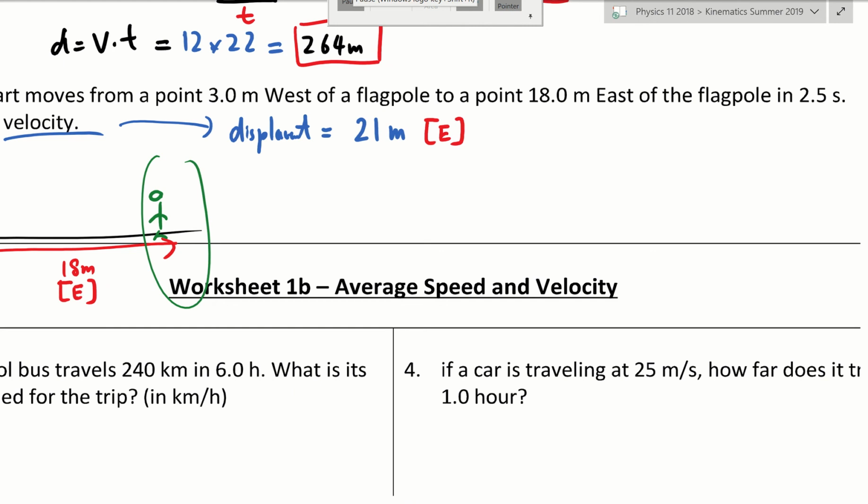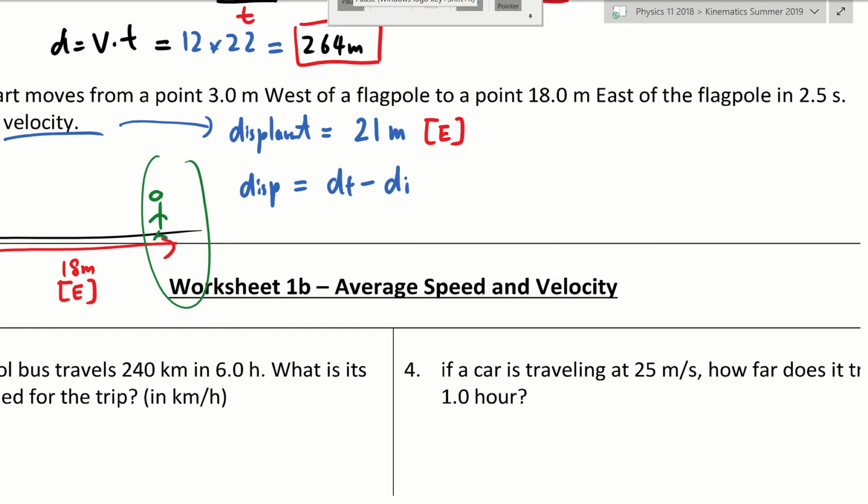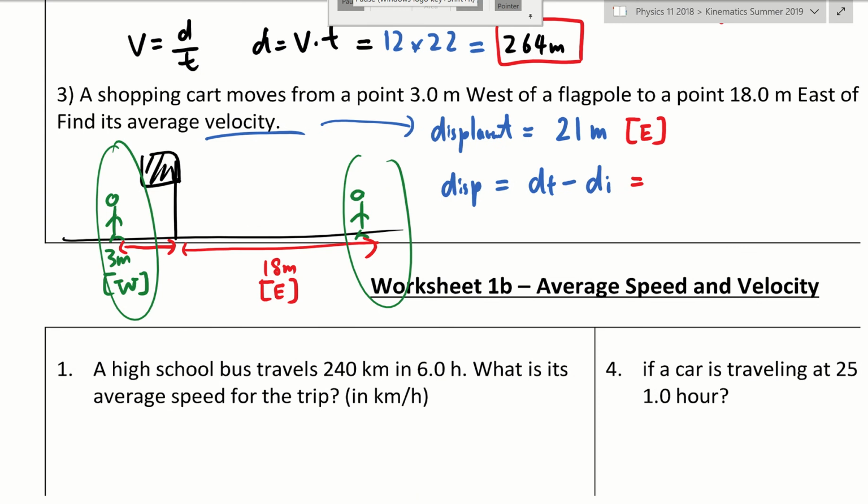Now, if you remember, we said displacement can also be obtained by using the change in your position, right? That means your final position minus your initial position. The subscript I is initial, F is final. So think about it, it also works this way. At the end, where are you?